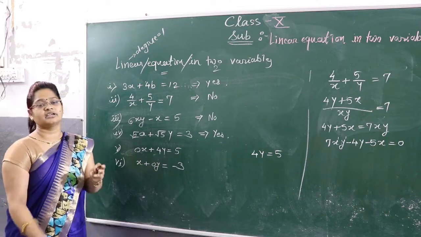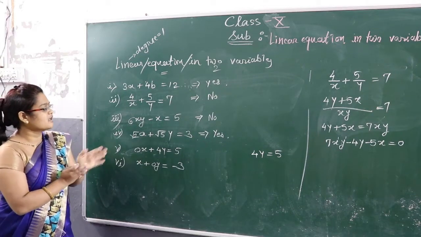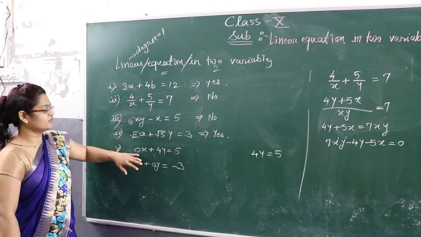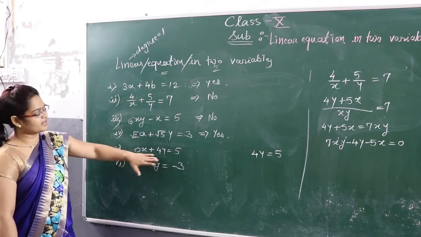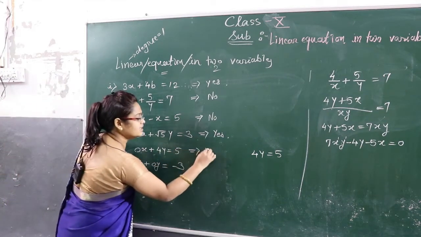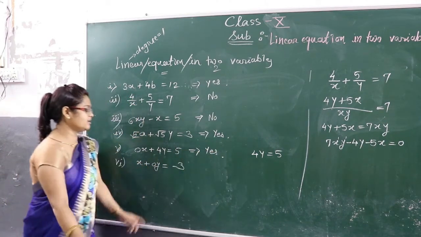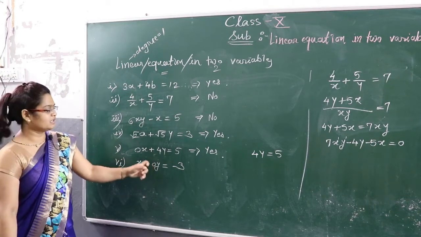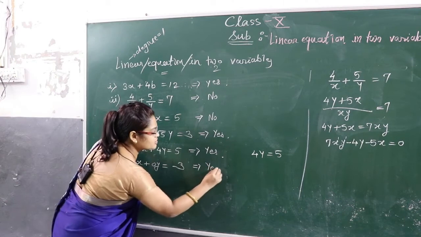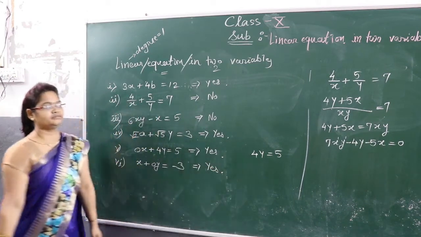It means it is not containing two variables, but we can write it as 0x plus 4y equals 5, and we know that 0 is a real number and 4 and 5 are also real numbers. That's why it is a linear equation in two variables. These two are the same, only the places are interchanged. So this is also a linear equation in two variables.